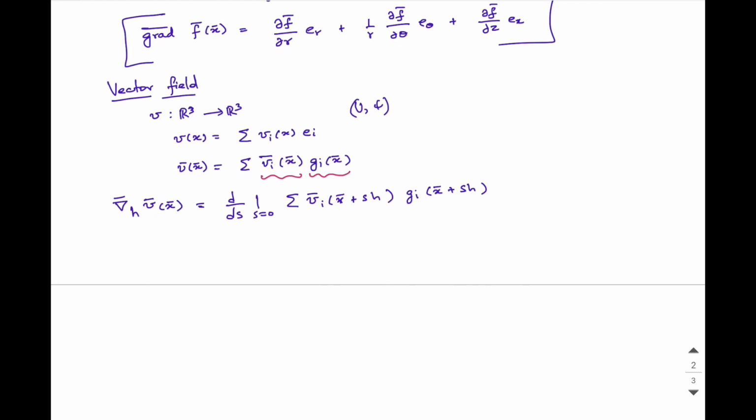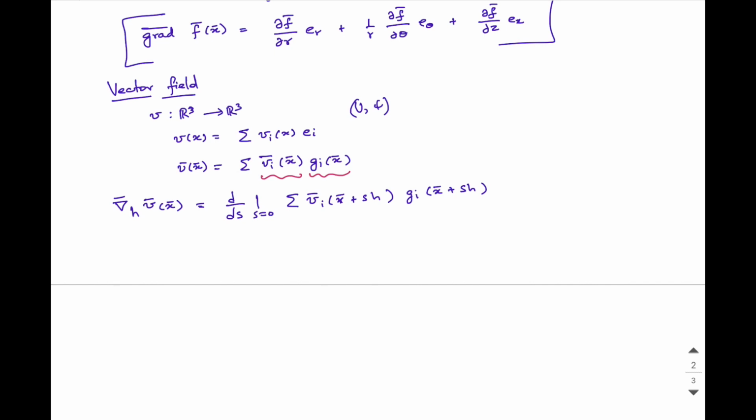Notice that unlike the Cartesian setting where e_i is constant, in this case both the component v^i and the basis vector g_i have a dependence on x bar, and hence you will have an x bar plus s h term in this case.